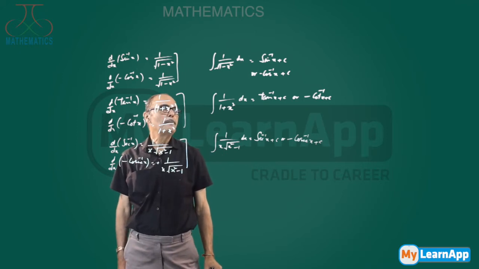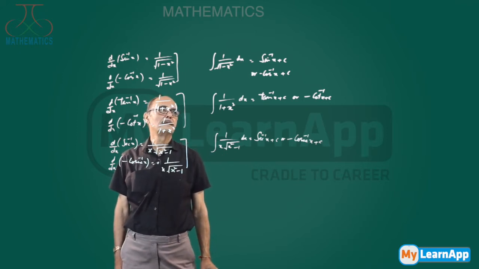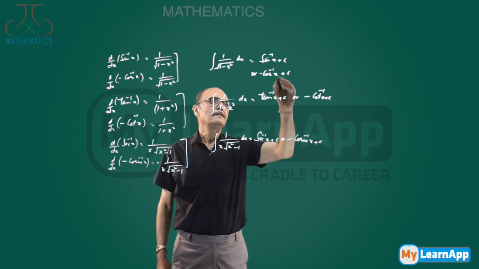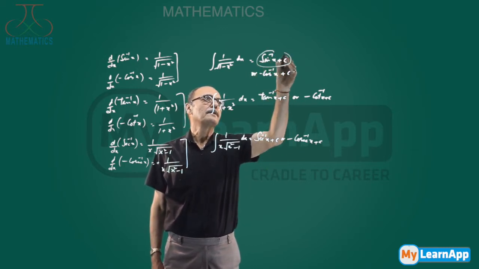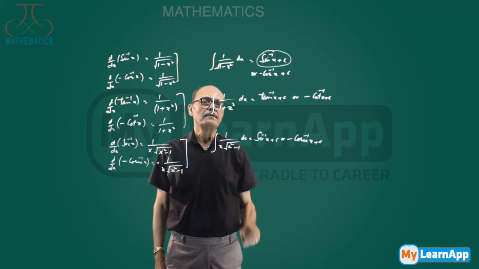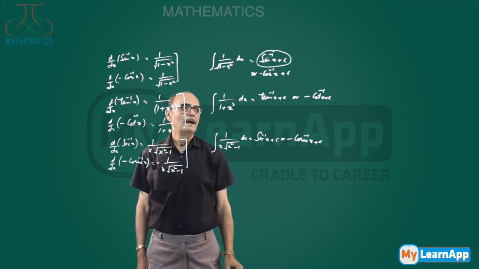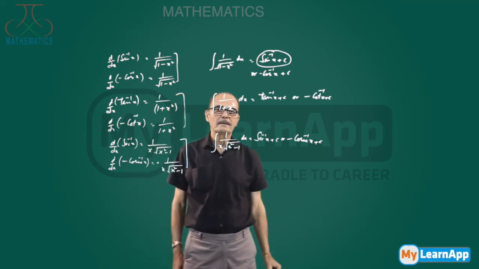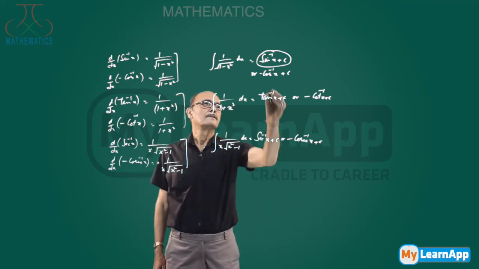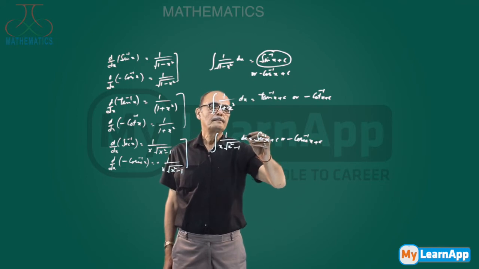So, normally we use this formula unless it is required somewhere else. Integral of 1 upon under root 1 minus x square is sin inverse x plus c.